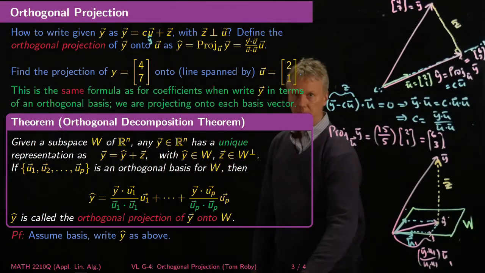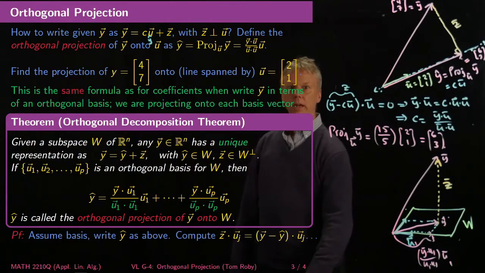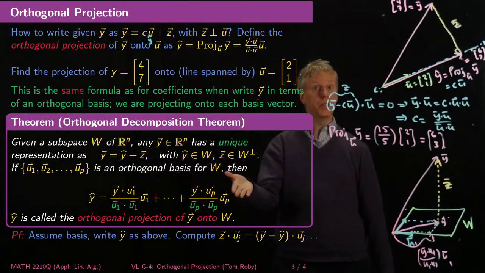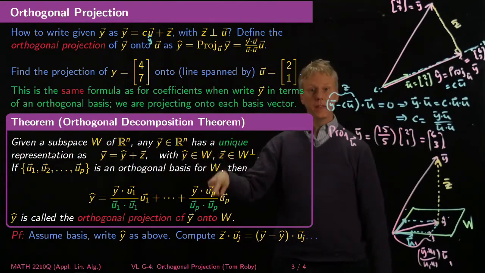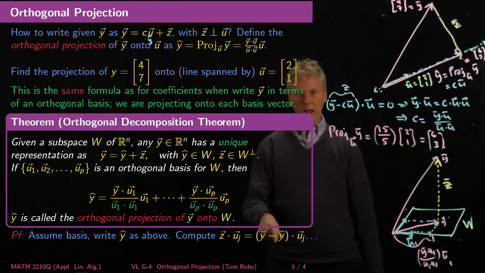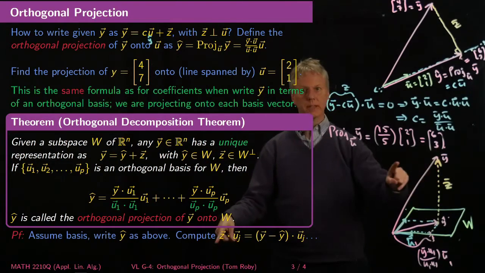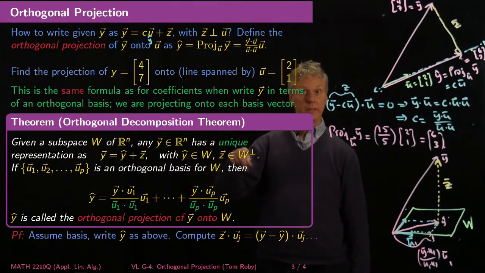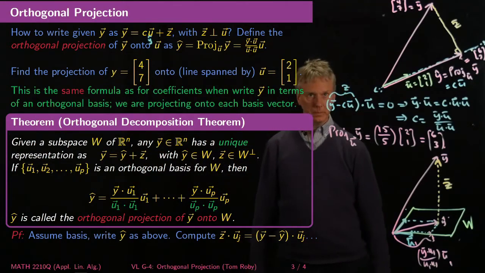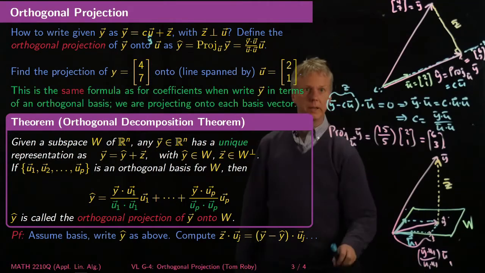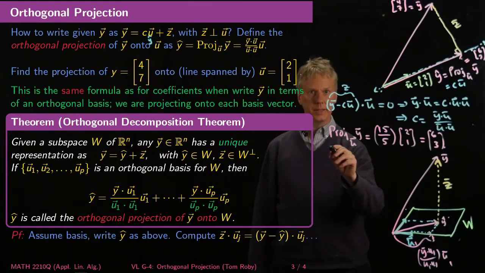Okay? So now what I want to do is show that if I use this version of y hat, which I can compute if I have a basis, then in fact y minus y hat, which is z, this vector, is perpendicular to everything here. That's the condition I want.